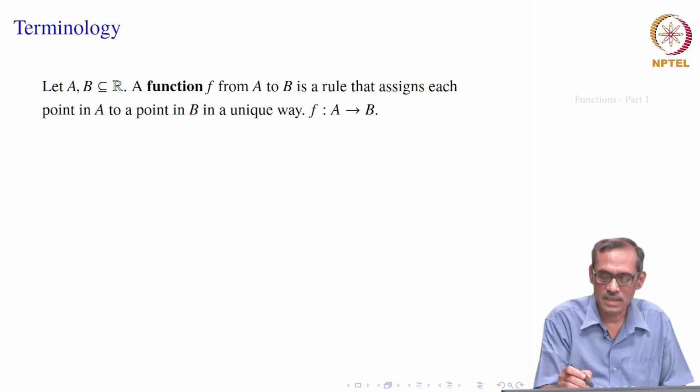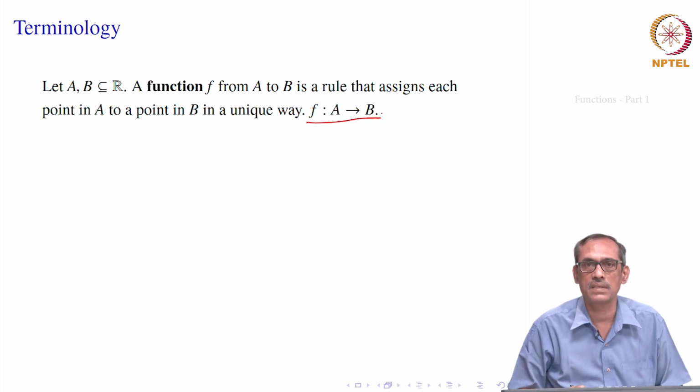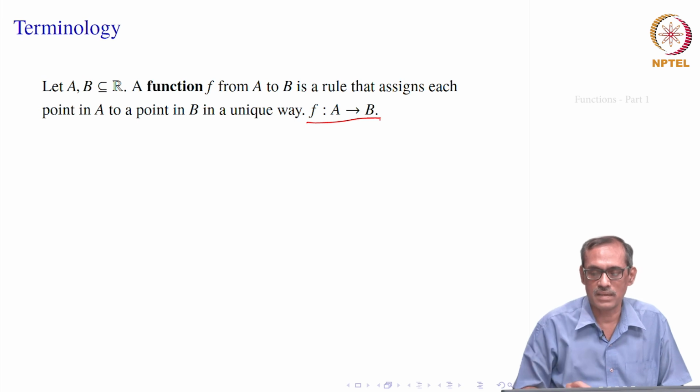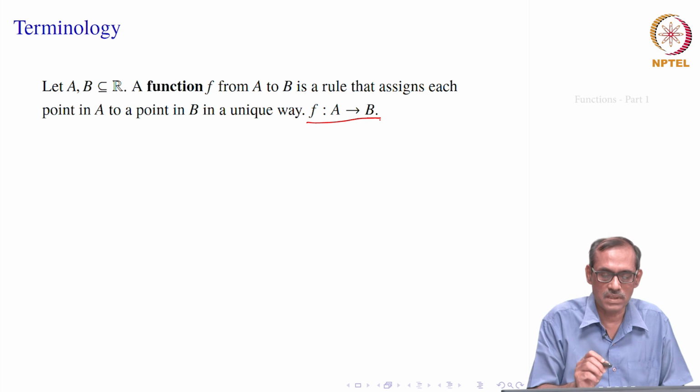Once we write f colon A arrow B, it will mean that f is a function that is defined on A and it is getting its values in B. For example, your absolute value function will be a function from R to R. Now, what is the meaning of this unique way?